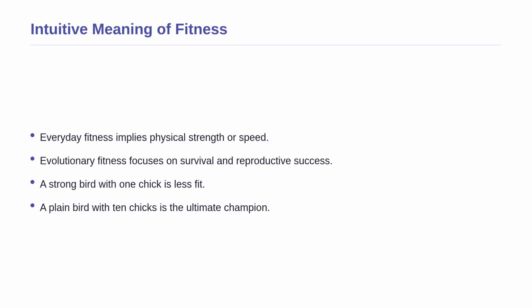In everyday language, we would call the strong bird the fittest. But evolution does not care about your gym stats. It only cares about how many copies of your genes you successfully pass on to the next generation. Therefore, the small, plain bird is the true evolutionary champion.